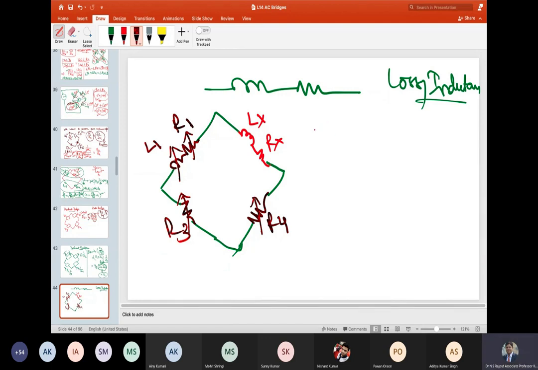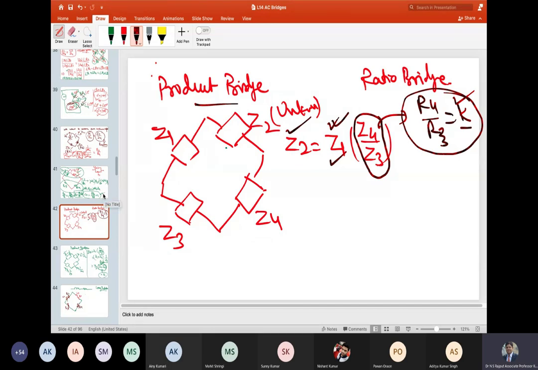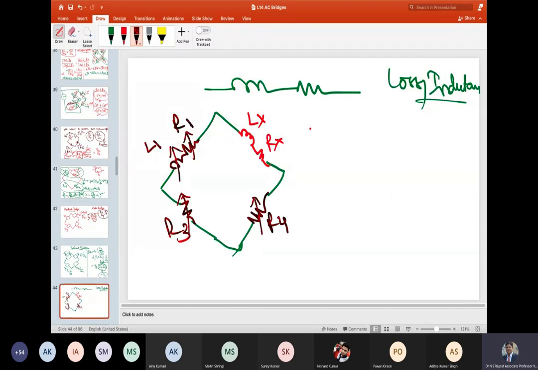Let's write the condition of balance. So you can simply take this from this product bridge, okay? And because we have already derived it, you can simply reach here and write Z2 is equal to Z1 multiplied by Z4 by Z3, okay?